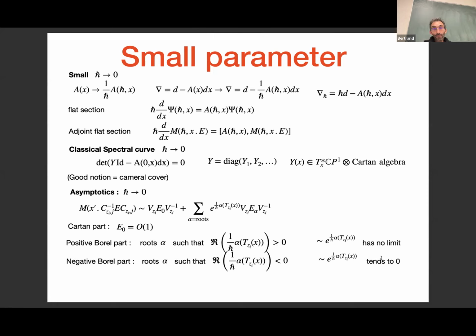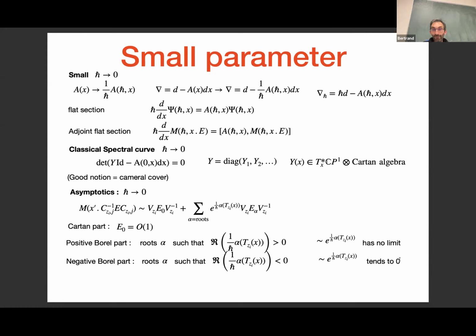So if you want all your formalism to have a limit, you should look at only the cases where E contains no positive Borel part. So you should better study the WNs with only some E's that have no positive Borel part if you want to have a proper limit. On the negative Borel part, you don't really care about it because it will vanish exponentially faster than any power of h bar.